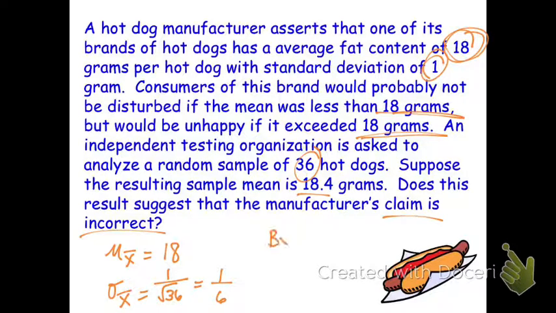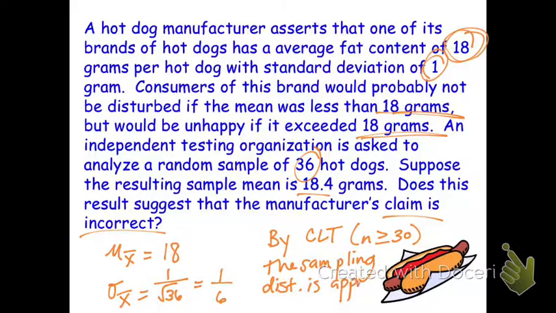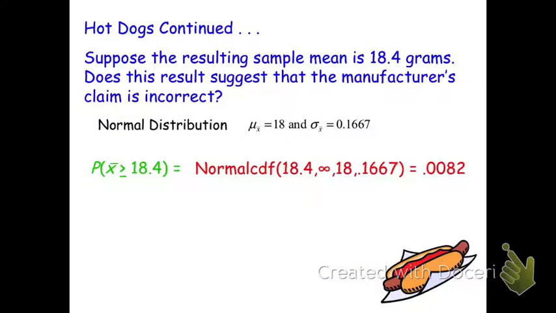Yes, by the CLT, because n is greater than or equal to 30, the sampling distribution is approximately normal. Then I want to find the probability of getting something more extreme than 18.4. So 18.4 to infinity, using my mean and standard deviation, and I get 0.0082.